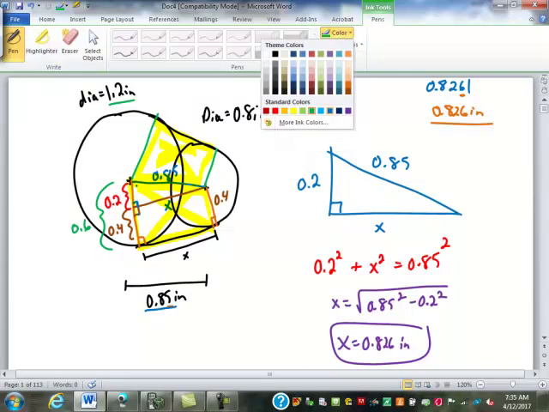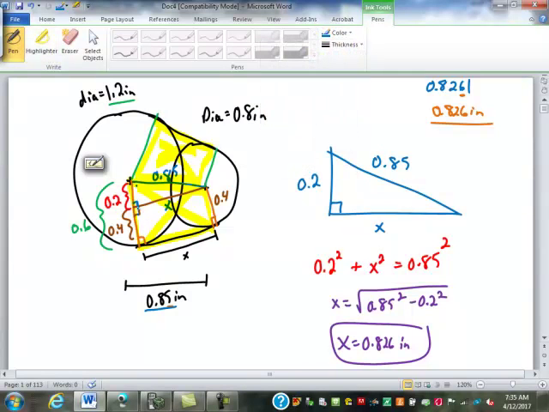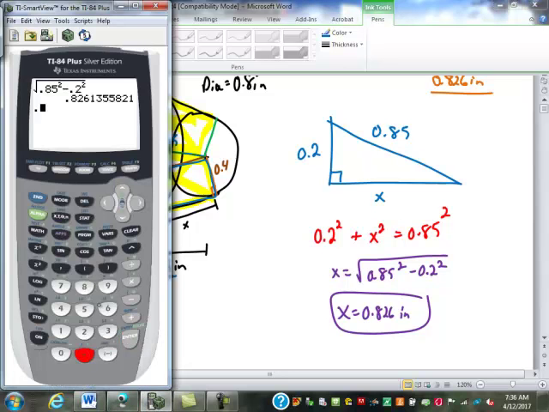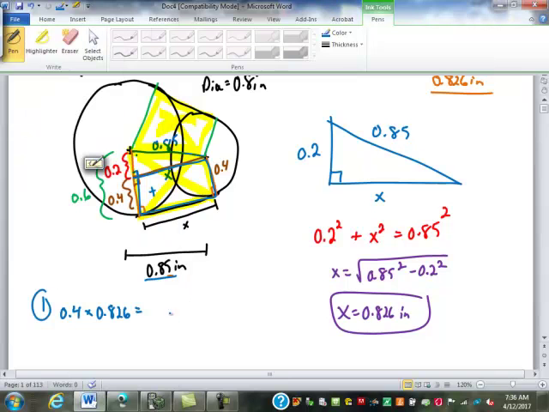This area down here, I'm going to break into two pieces. Piece one is this rectangle. How do I find its area? Well, this is length times width. 0.4 times 0.826. It was 0.3304.